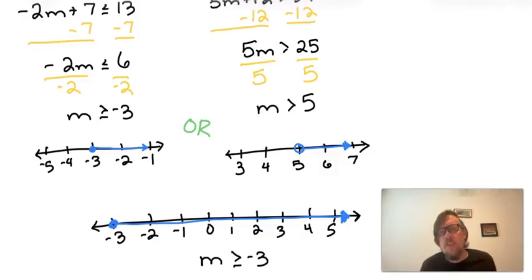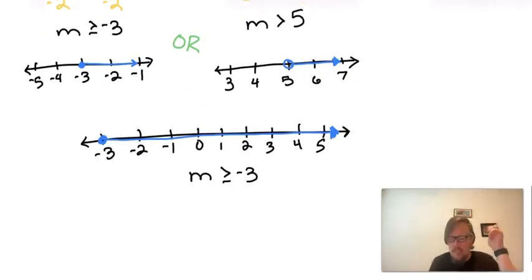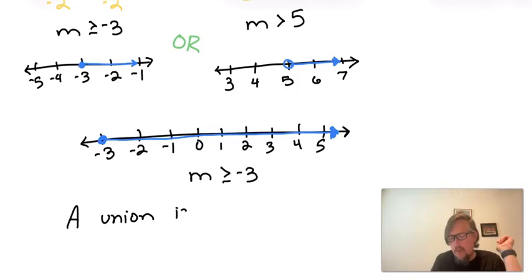So this is called a union, because whenever I graph these and I say it's got to be bigger than this or bigger than this, one of those answers includes the other answer. And that's what a union is. A union is when one inequality includes the other.